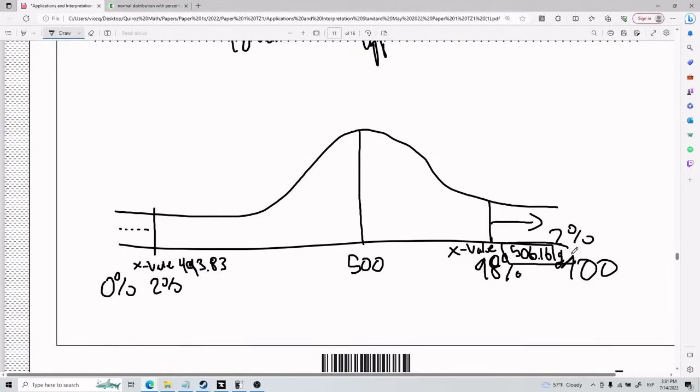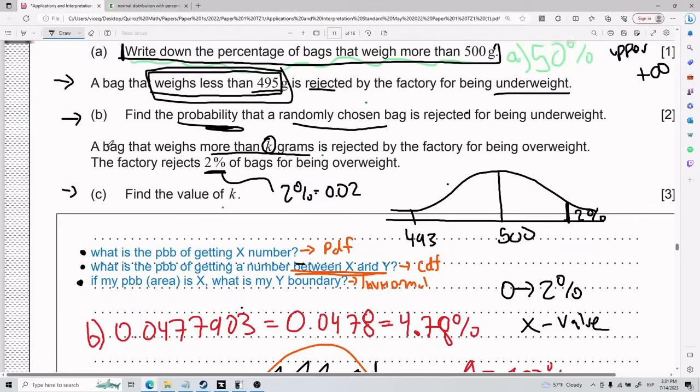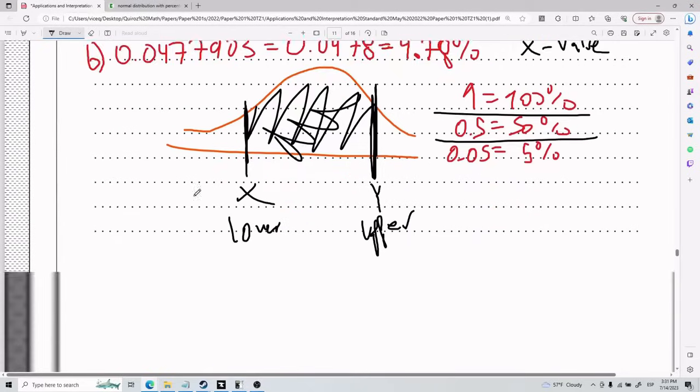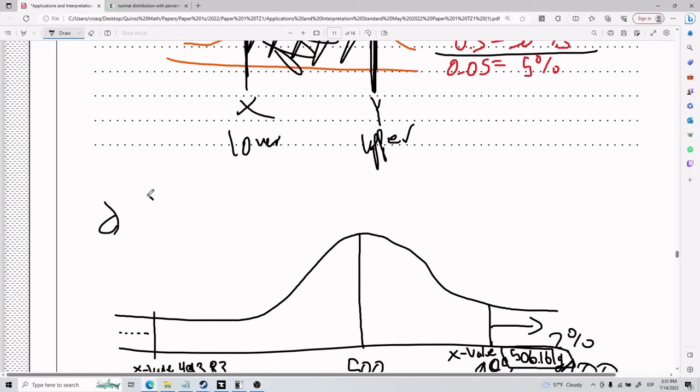And so for part C, the bag that weighs more than k grams that gets rejected for being the top 2% are any that have the weight of 506.161 grams or up.